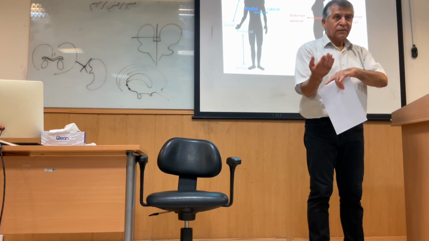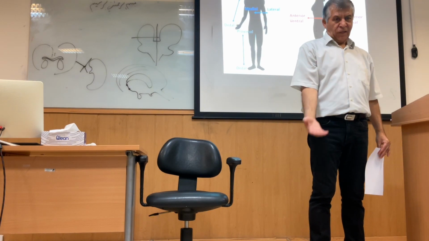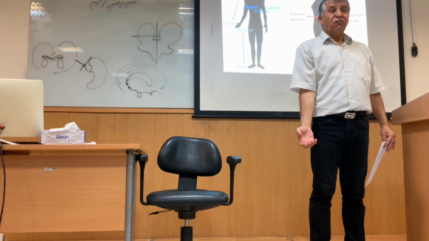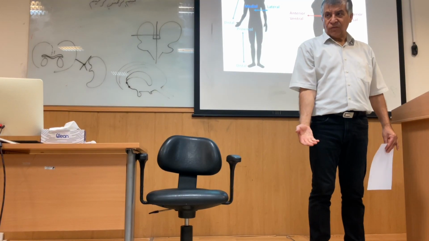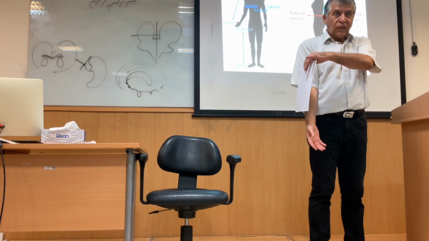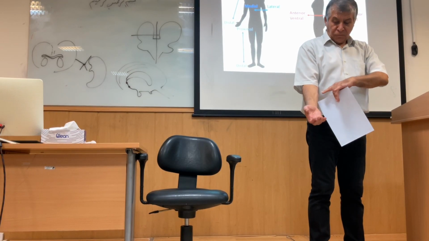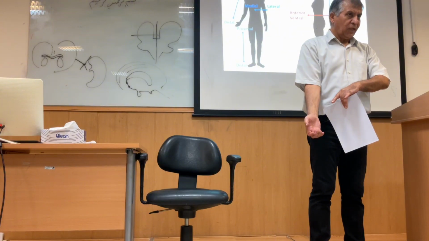Okay? For this, shoulder flexion, elbow flexion, wrist flexion, finger flexion, all of them are done on the sagittal plane. All of them have decrease of angle between two organs. Okay?